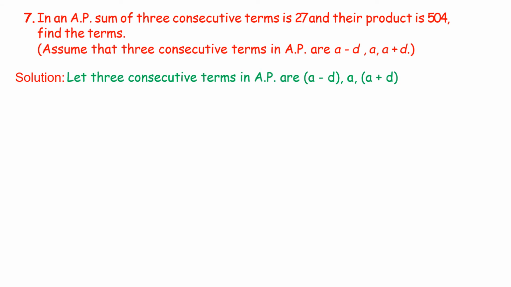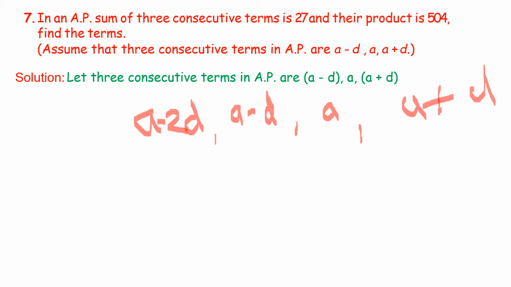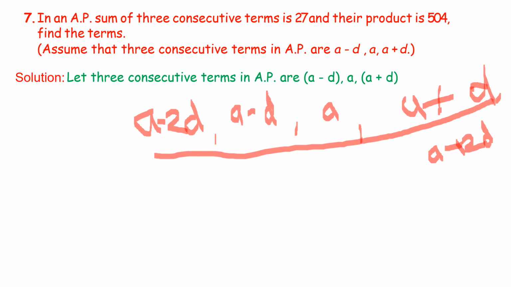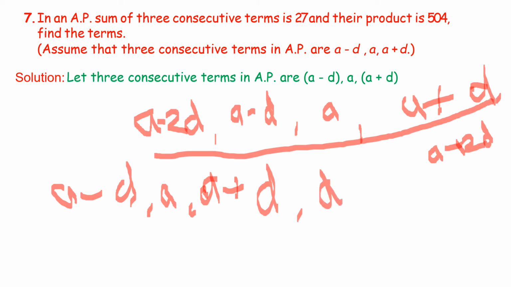If there are 4 terms, then we write 4 terms a minus 2d, a minus d, a plus d, a plus 2d. 4 terms we write down in this way, or a minus d, a, a plus d, a plus 2d.